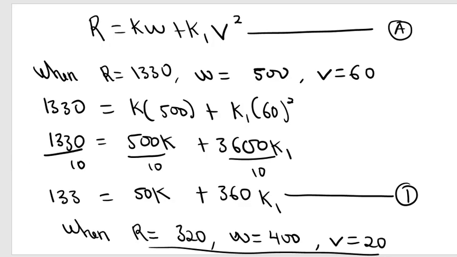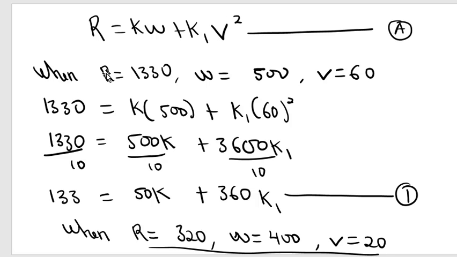So we have k equal to 1 over 2 and k1 to be equal to 3 over 10. We are going to substitute these two values into the main equation, that is equation A. So wherever we see the k, we substitute the 1 over 2 there, and where we see the k1, we substitute the 3 over 10 there. That is what we are going to do now.